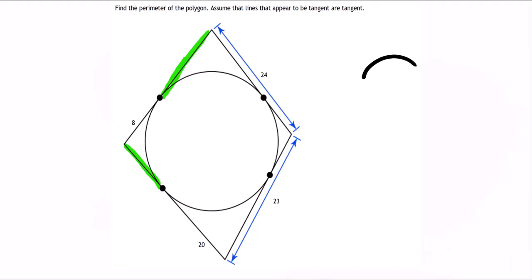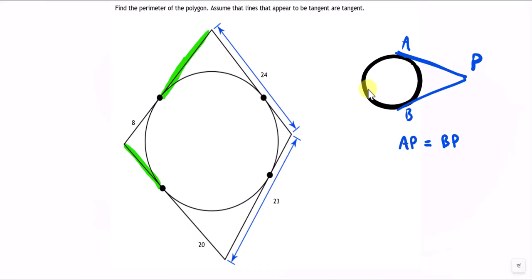So imagine that you have a circle like this, and let's say we have an outside point P. It's tangent to the circle at point A, and it's tangent to the circle at point B. So we say that if AP and BP are tangents, then the length AP will equal BP. Okay, so that's the theorem that we have.